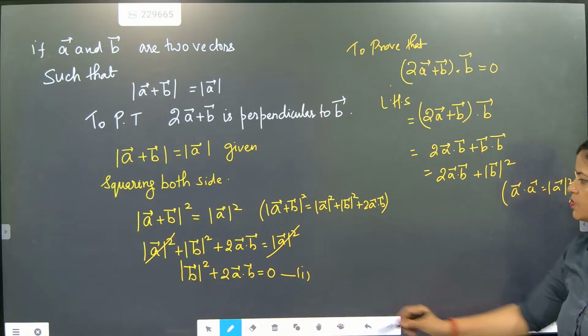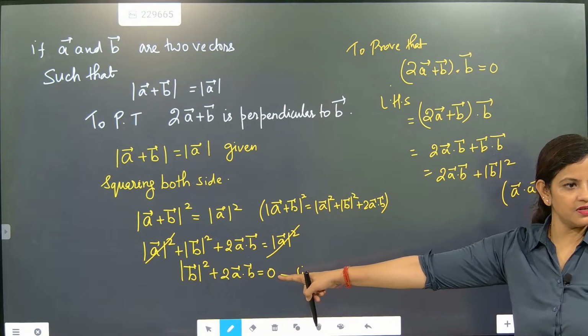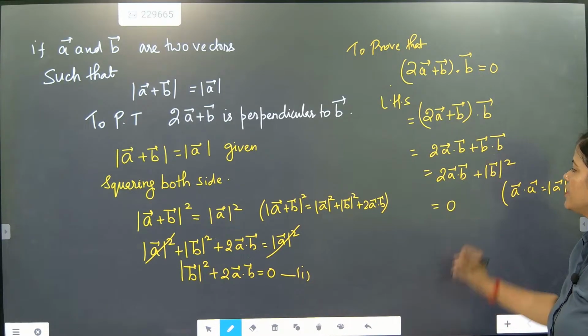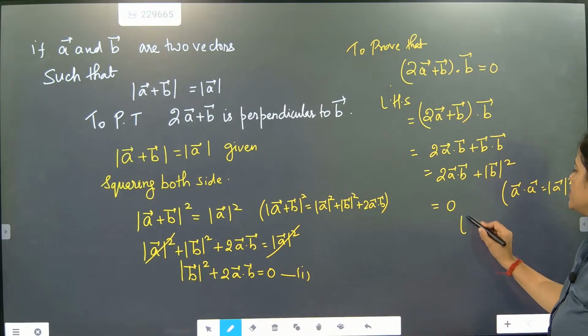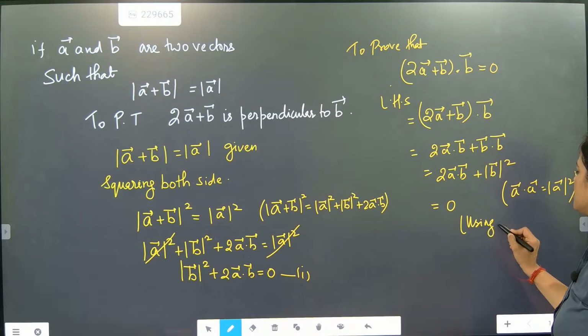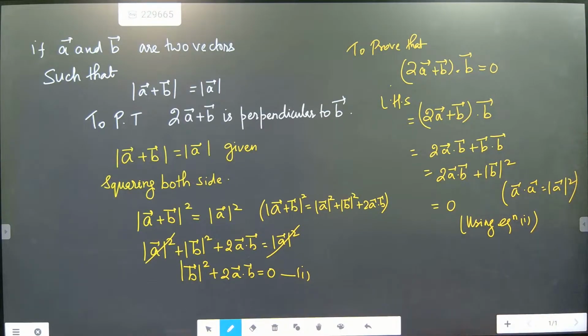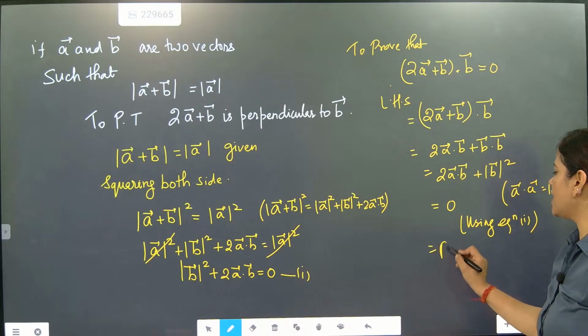Now this is equal to what beta? Check this one. This was equal to 0. So here also we will write equal to 0. Which equation we used? Using equation 1. That's it. Proved. And this equal to RHS, proved.